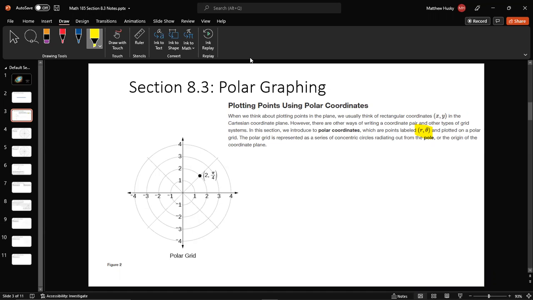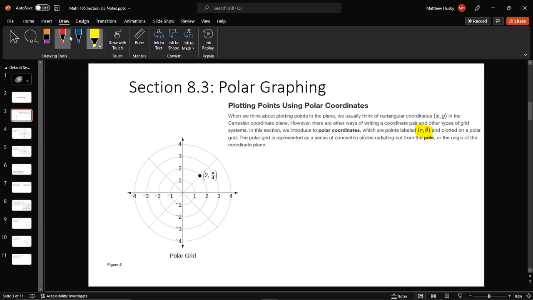So you may recall we were talking always about the unit circle, and we would have the radius and it would start on the positive x-axis. We would spin counterclockwise. And so here, this is the location of the point 2 comma pi over 4.